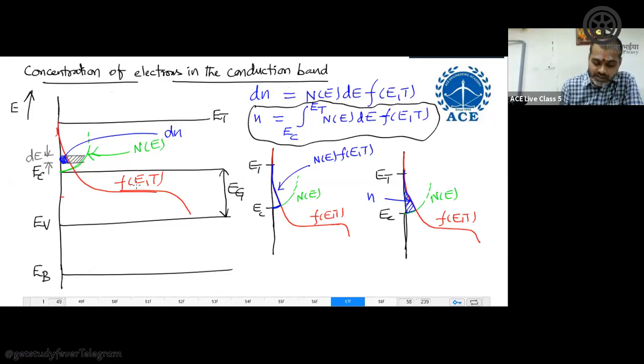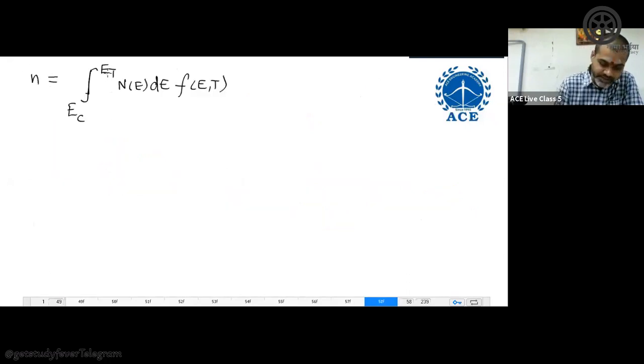So the position of ET will not affect your f of E comma T value. Either it is present here, here or at infinity, it doesn't matter for f of E comma T. So this is the first approximation that we are going to make: I am putting ET to infinity.